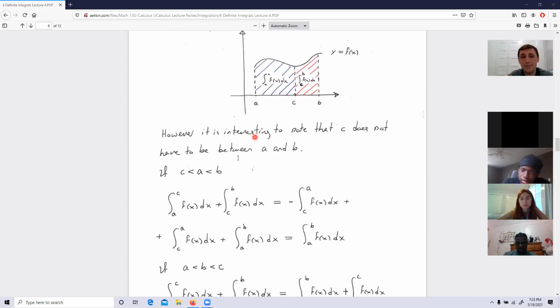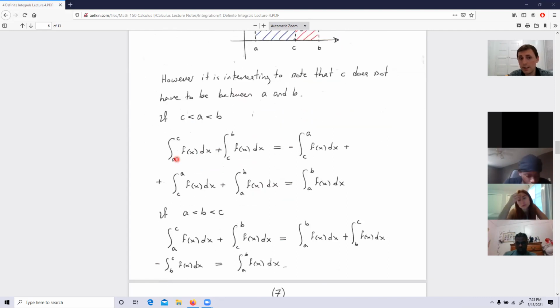Now, what happens if c is below a? Then let's look at this, guys. If c is below a, the integral from a to c plus the integral from c to b is equal to minus the integral from c to a plus the integral from c to b, and I can break c to b into the integral from c to a and then from a to b. Do you agree? So these two cancel each other out and I'm left with a to b.